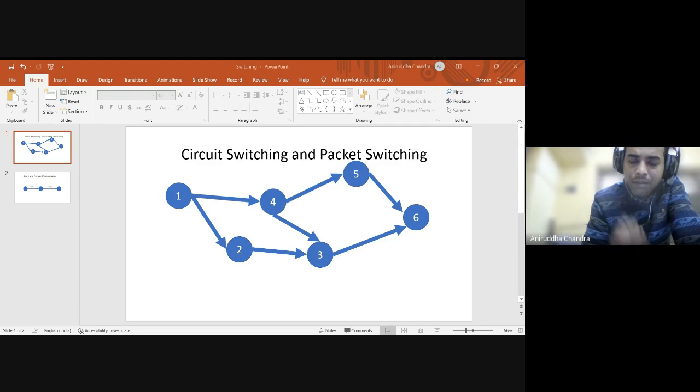Once you dial the number, everything is set up by the exchanges, and then the other person gets the ring, picks up the phone, and the conversation starts. So this whole path planning, route planning should be done before the conversation. That switching is done before the conversation, and during the conversation, such a route cannot be changed.